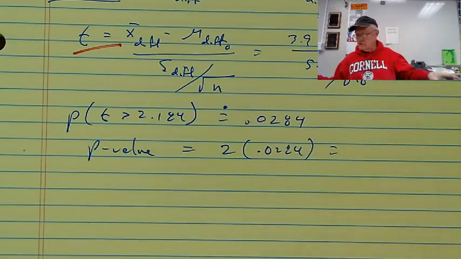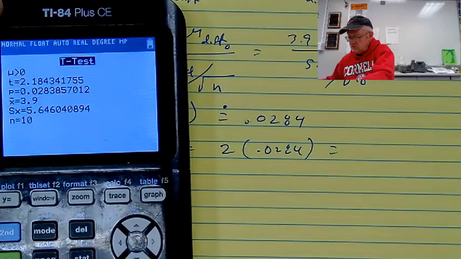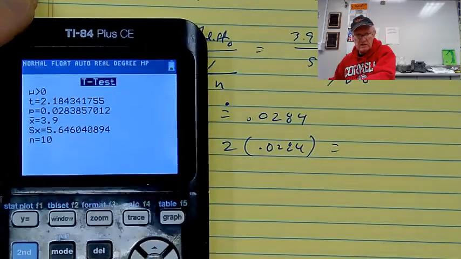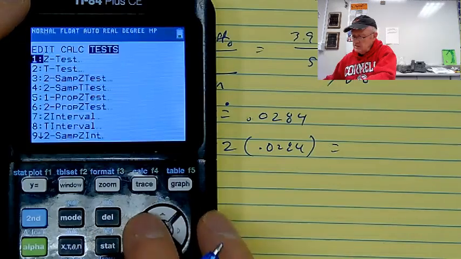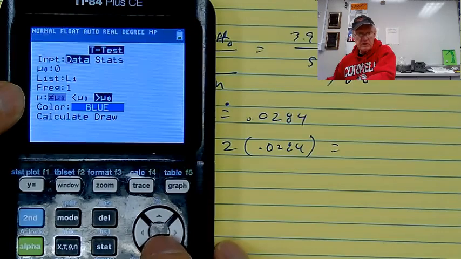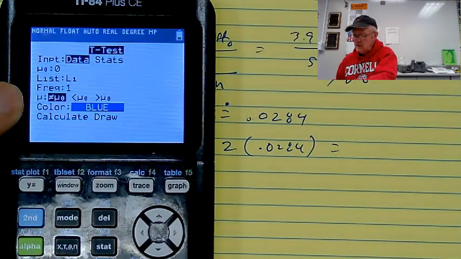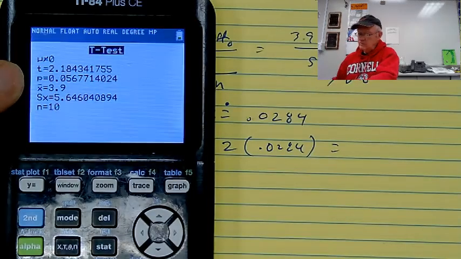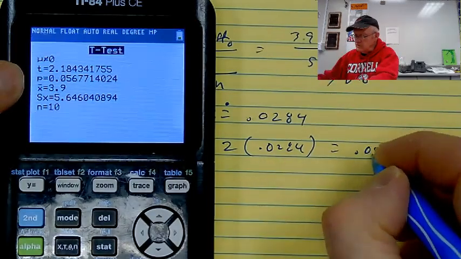I'm going to go back and run the test again. So stat test, t-test. I'm going to come down here and change my alternate hypothesis line to that one, not equal to, calculate, and there's my new p-value, equals 0.0568. All right, so that's what happens when you double that, and you get the very same thing.